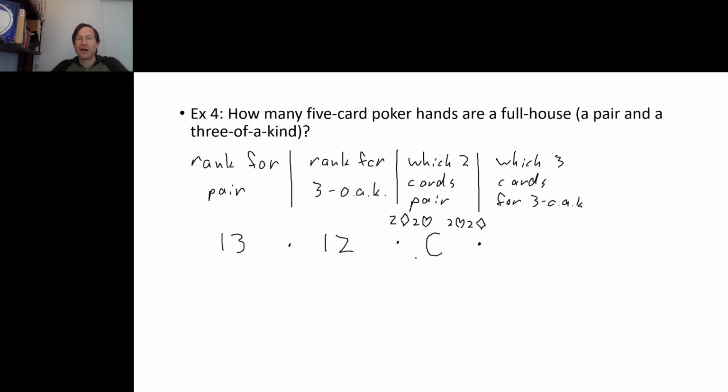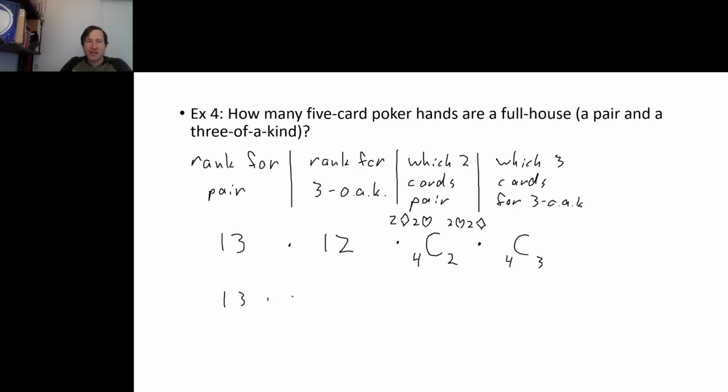So n choose r. And for the single rank that we've chosen for our pair, there are 4 cards in that rank, and we need to choose 2 of them. So 4 choose 2. By the same token, for choosing the 3 cards for a 3 of a kind, we're going to use choose, and it's 4 choose 3. All right, now we can just do all this arithmetic.